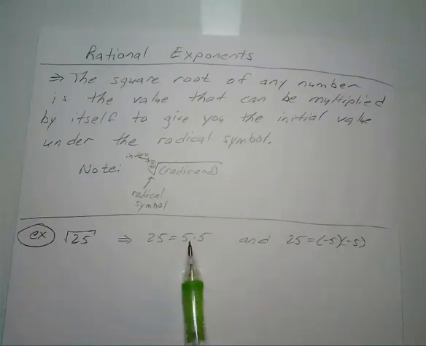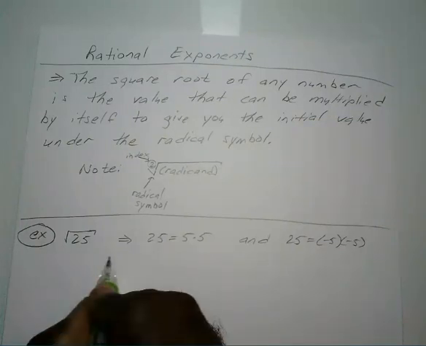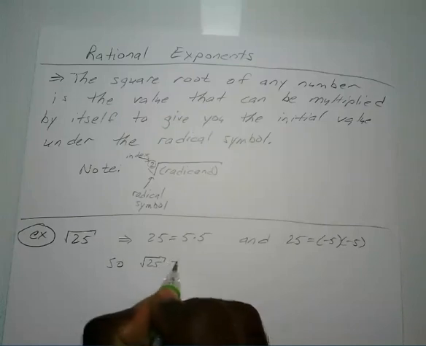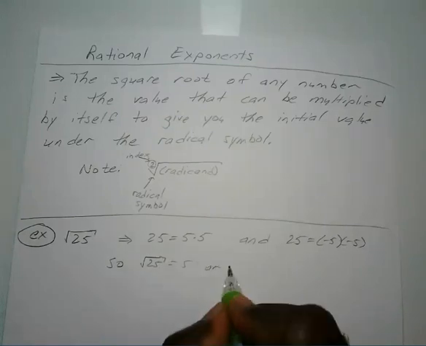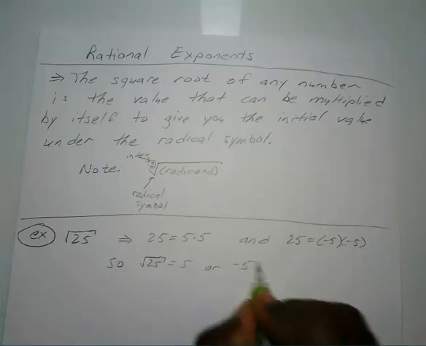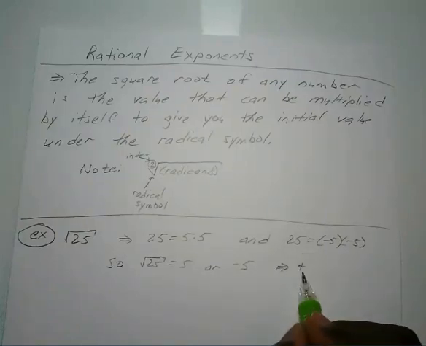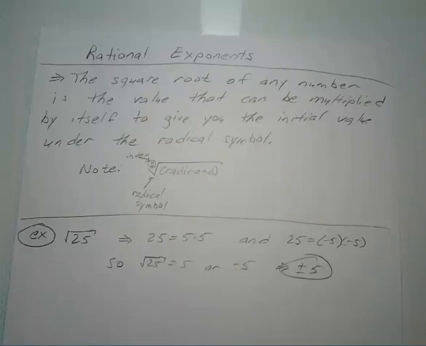Since 5 times 5 and negative 5 times negative 5 equals 25, we know that the square root of 25 can equal 5 or negative 5. In other words, you may see it as plus or minus 5, either positive or negative 5.